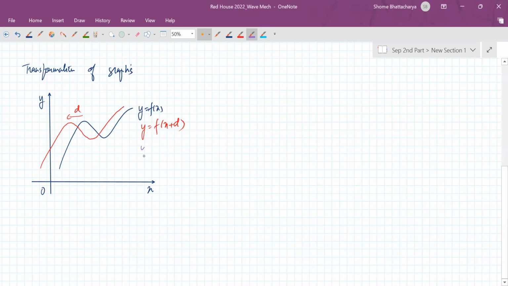Or if we replace x with x minus d, then it shifts towards the positive x direction.